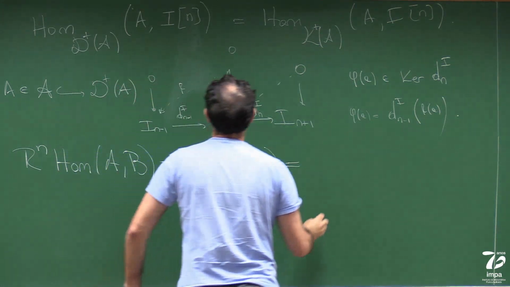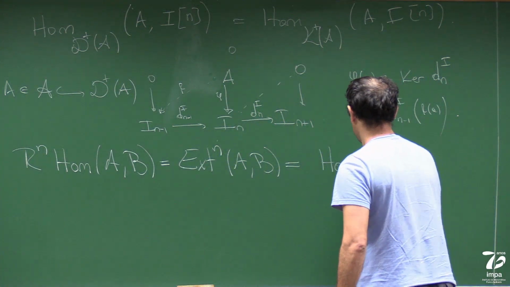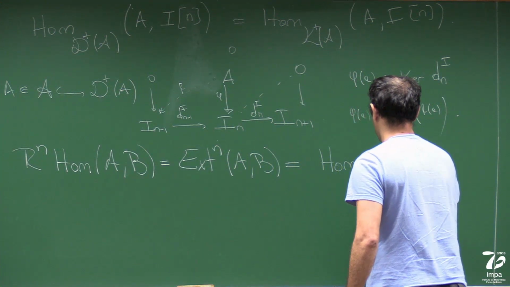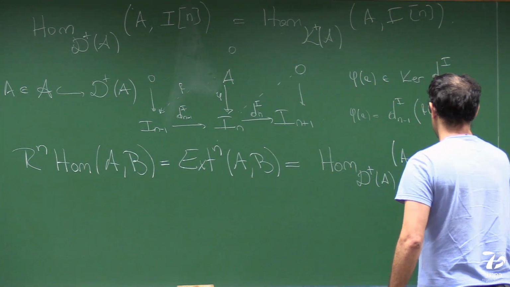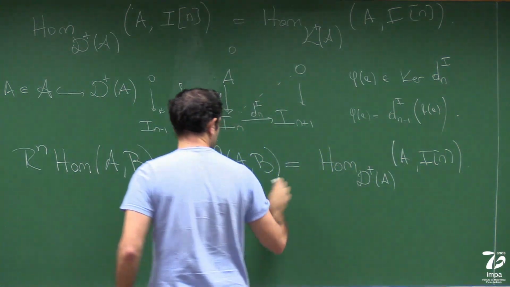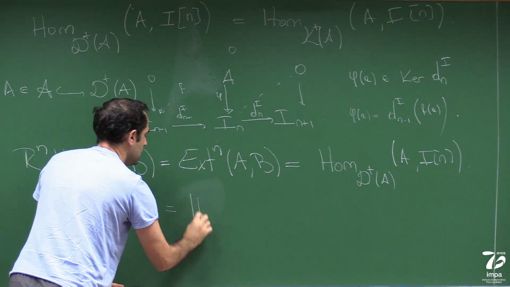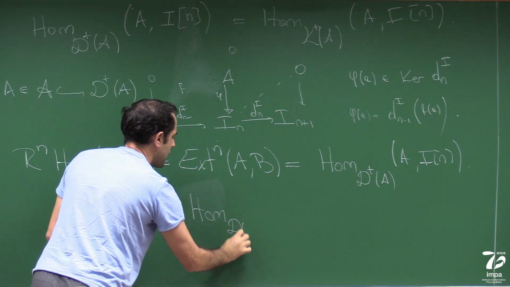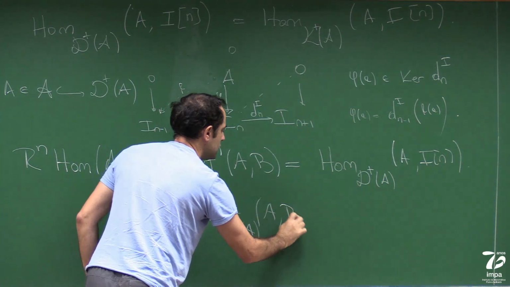This is equal to Hom in the derived category of A and I shifted by n, but this here is equal to Hom in the derived category of A and B shifted by n.